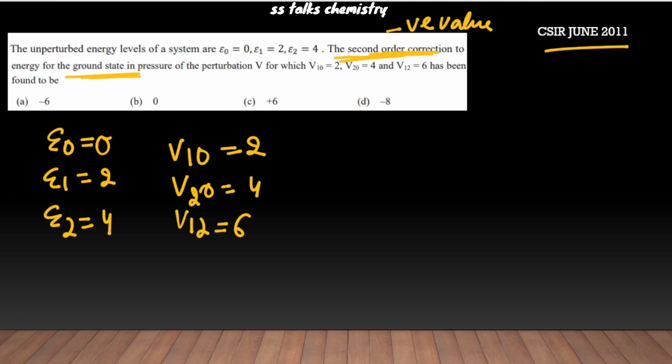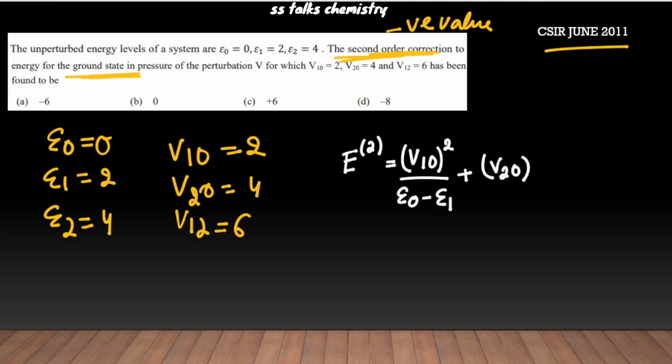Right, now I know the energy term for the second order correction to the ground state. This is going to be the square of V10, the perturbation, in the numerator, with E0 minus E1 in the denominator, plus the square of V20 upon E0 minus E2. This V12 term is not included because it is not a perturbation for the ground state.